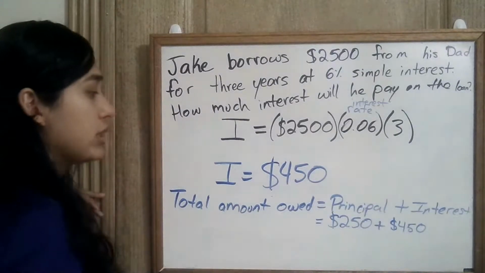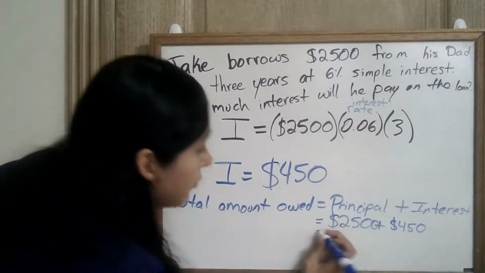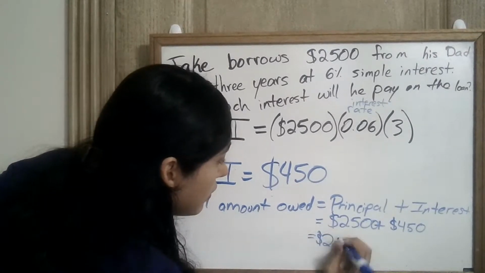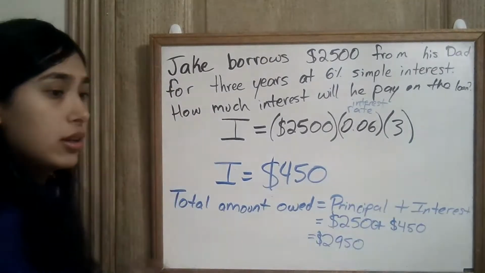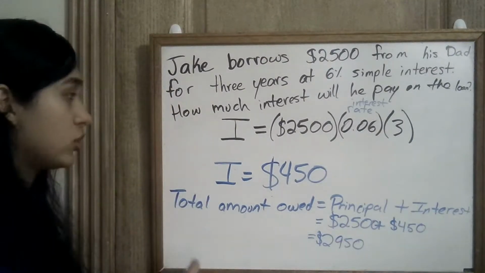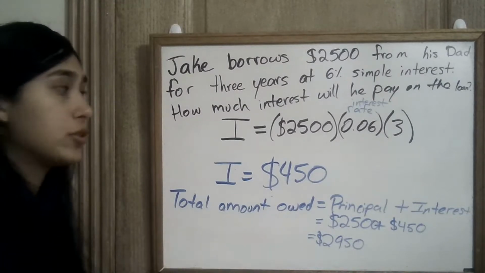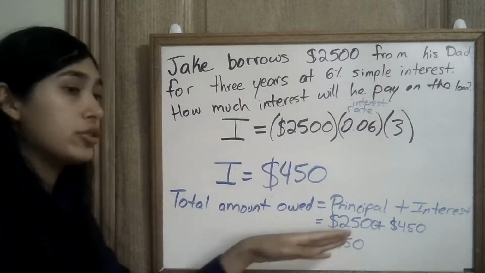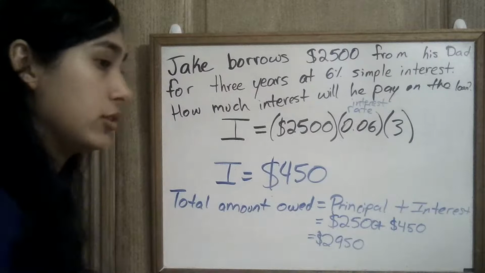So Jake would owe his dad a total of, oops, this is how much he's going to owe his dad. So this would be a 2-step problem if it's asking about the total amount owed, because I first have to calculate the interest and then add it on to the principal. Questions?